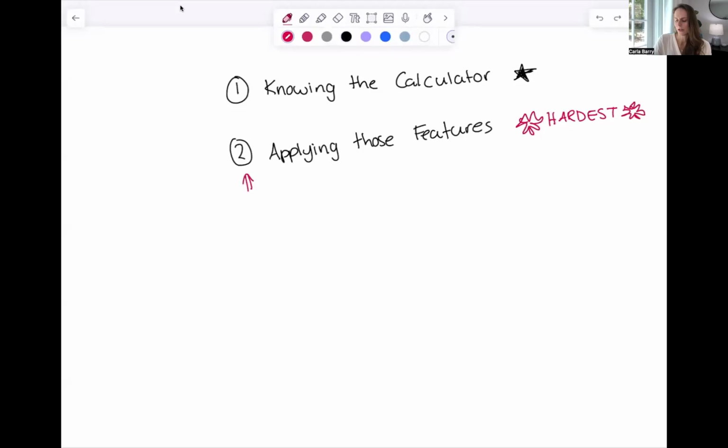Lots and lots of practice. So take all the resource materials that you can get your hands on from the College Board and practice these graphing calculator features with those questions. And if you do that, you will master your graphing calculator. And on test day, you'll be able to easily recognize a question where you can use your graphing calculator.